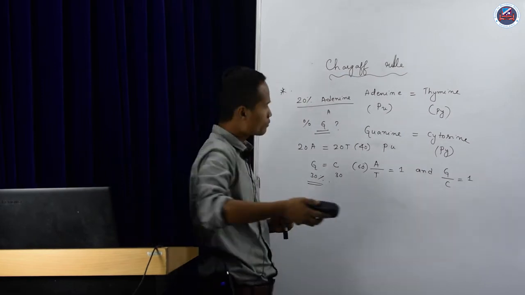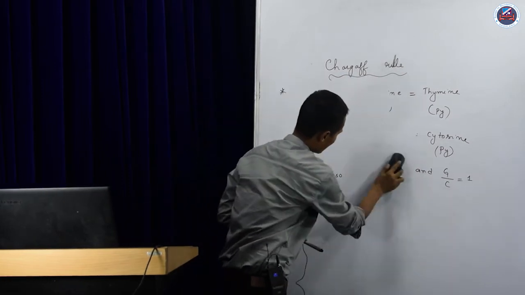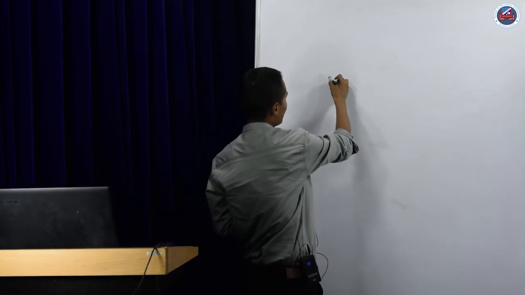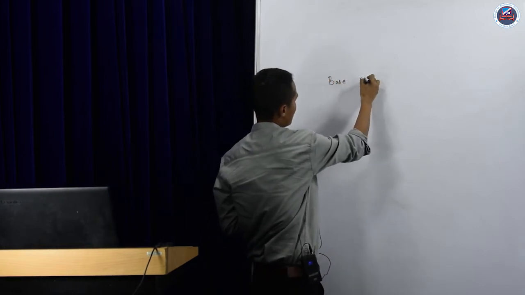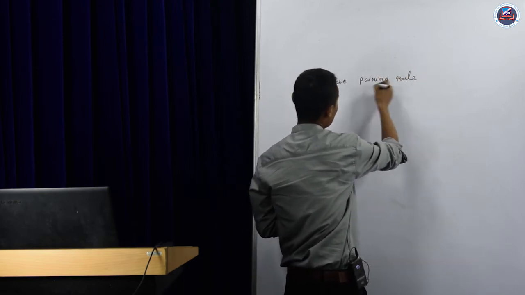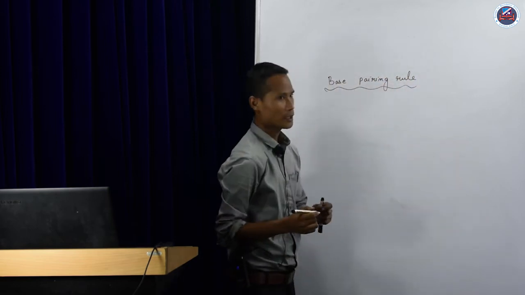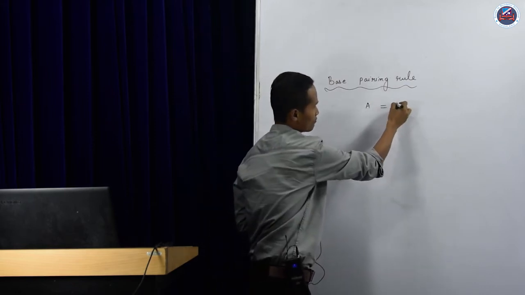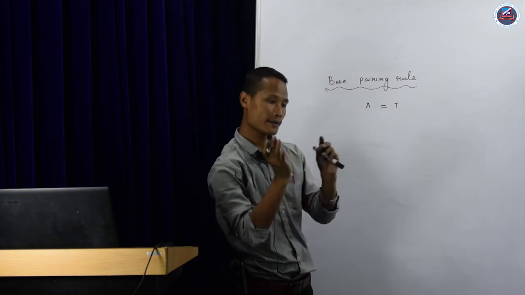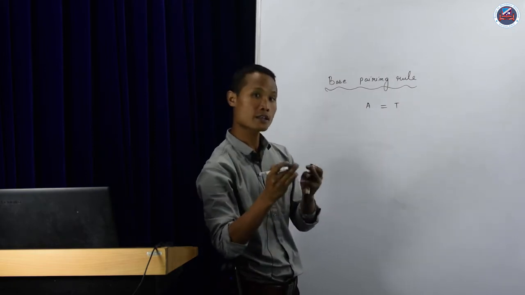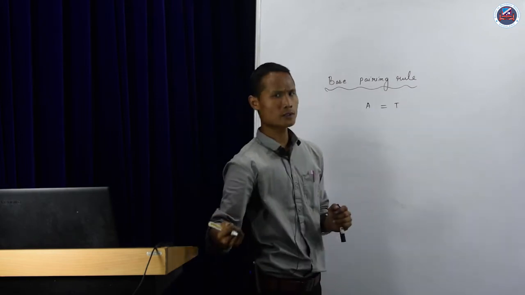The second important point is the base pairing rule. What is the base pairing rule? It says that if adenine is there, there must be thymine. No other base can bind.